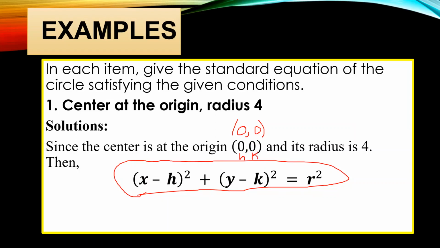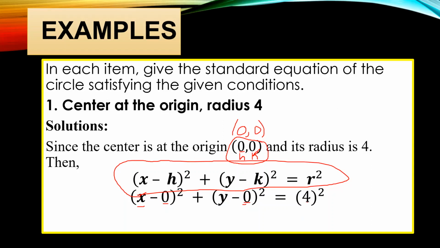Then substituting the center into the given equation, we will have x minus 0 squared plus y minus 0 squared, where h is 0 and k is 0, is equal to 4 squared.